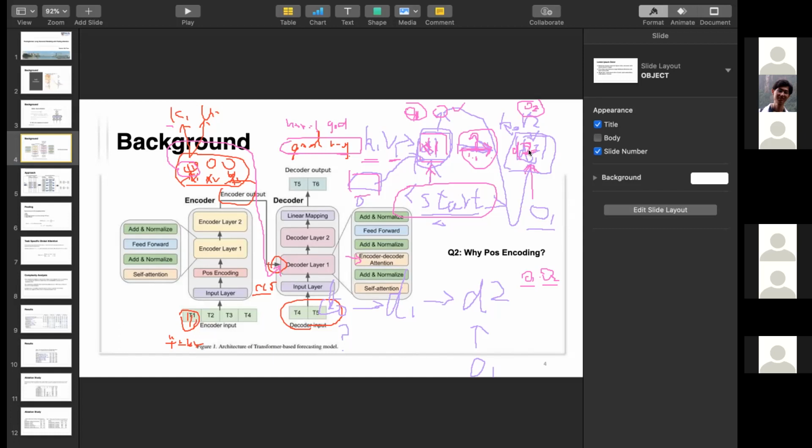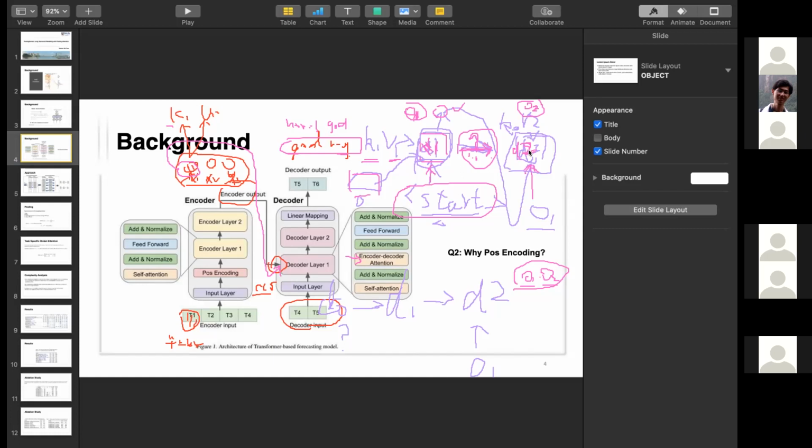My point is that in beam search, how do you calculate the joint probability of O1 and O2? You can apply the chain rule. You multiply the probability of O1 times the probability of O2 given O1.